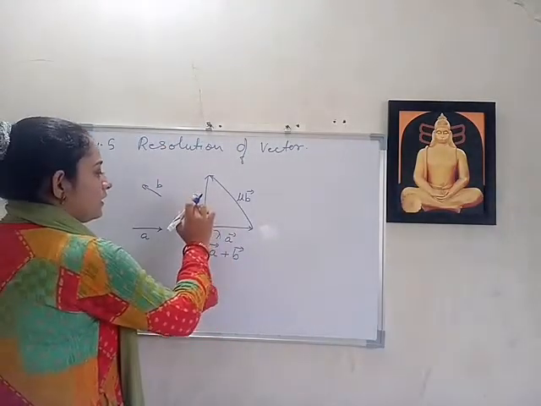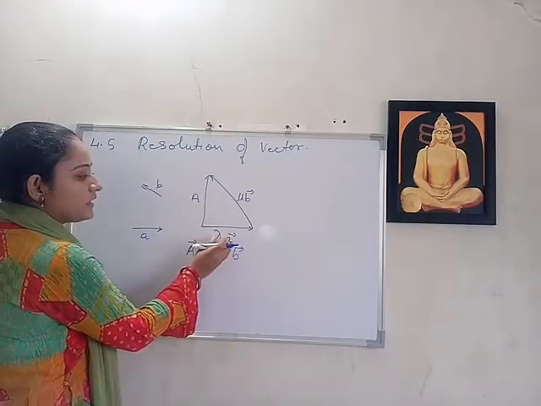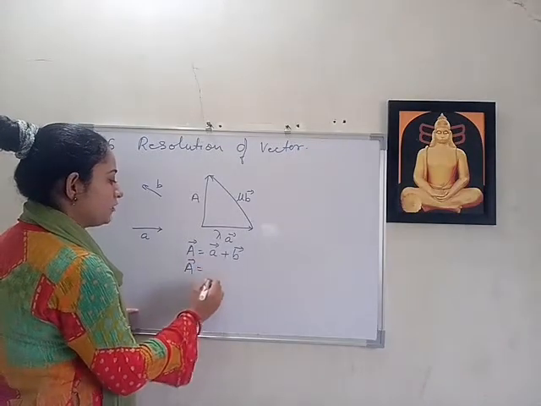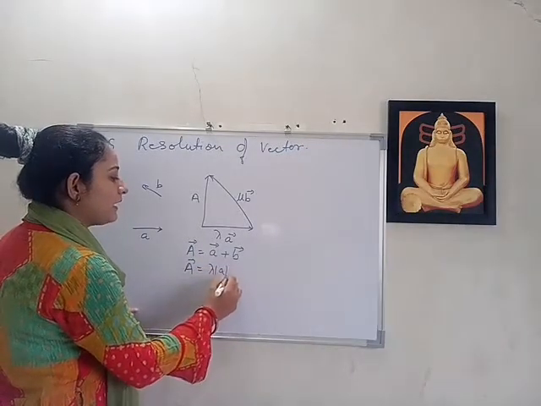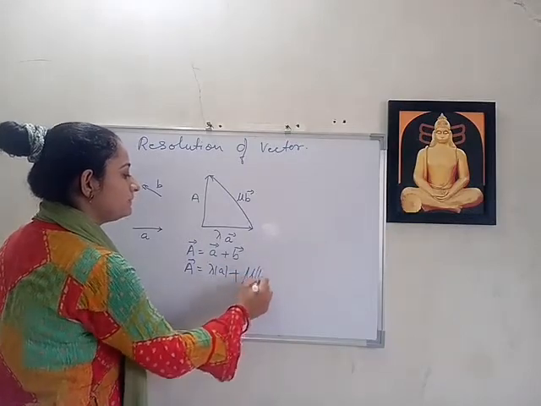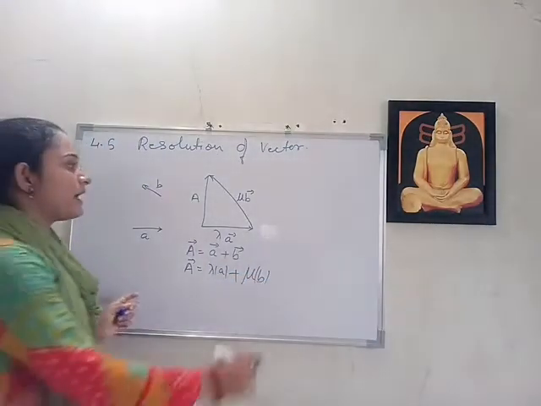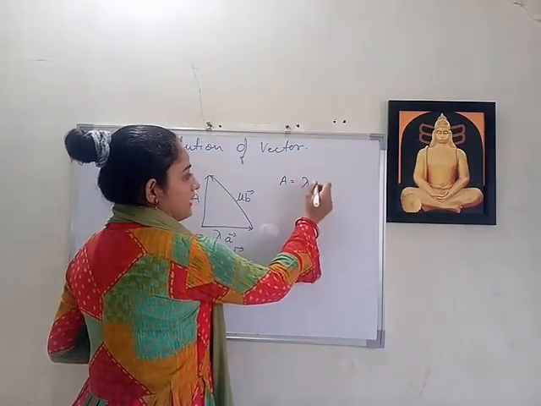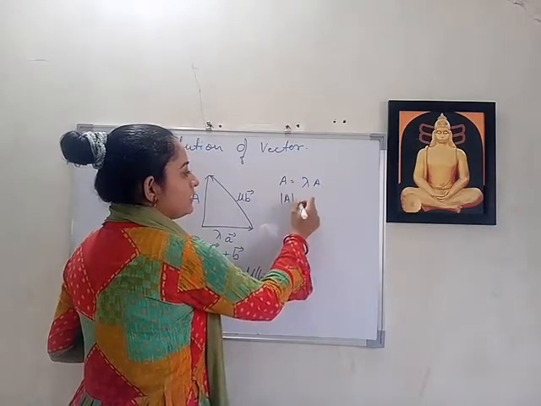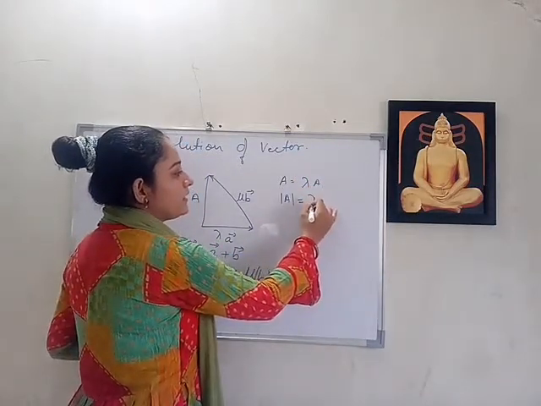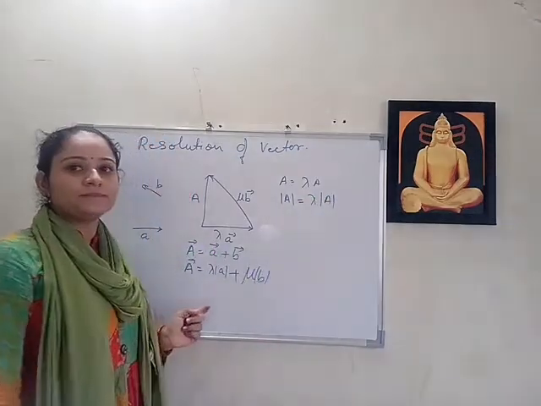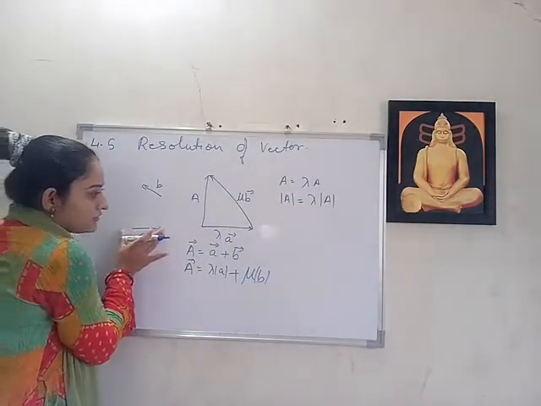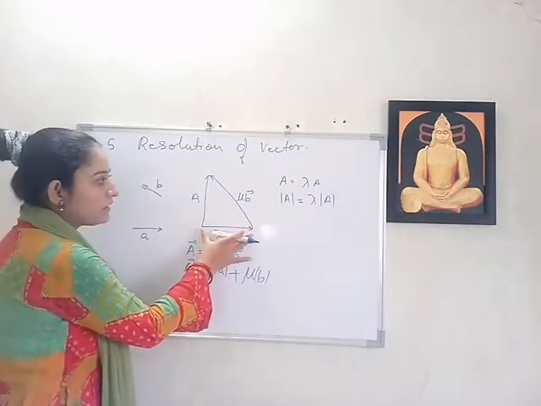So when we multiply these vectors with real numbers, we get A equal to lambda A plus mu B. You have also studied that when we multiply any vector A with lambda and we want its magnitude, it will be lambda into mod A.